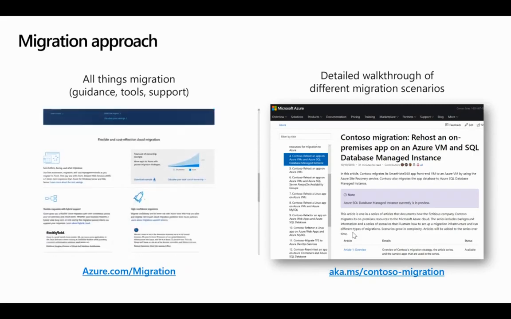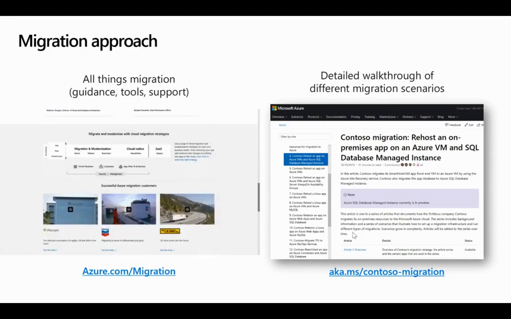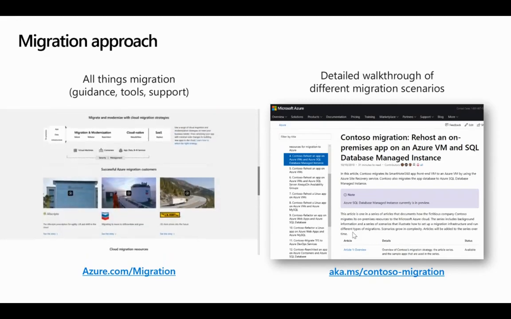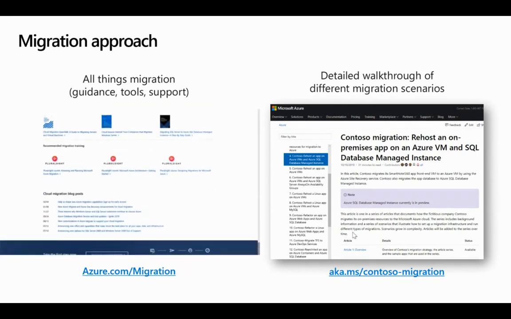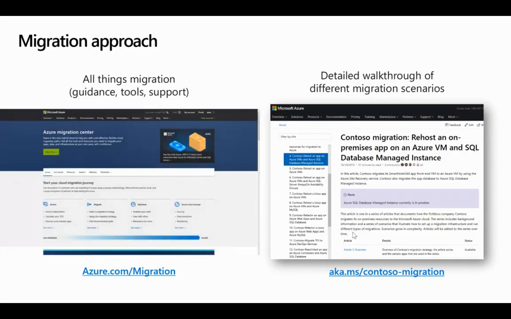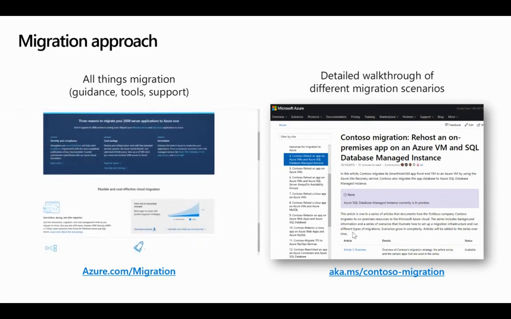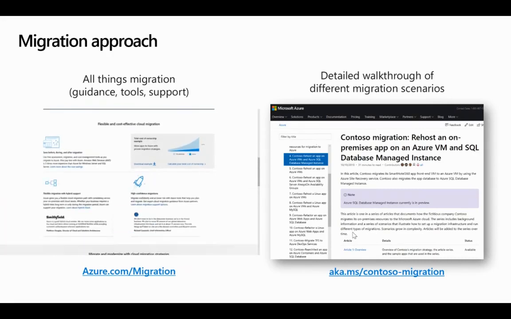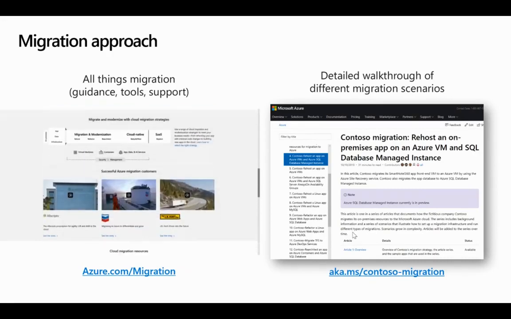Let me give you a quick example when I talk about migration and depending on the workload, because one size fits all is not what the cloud-based offering is about. You just can't have one policy for everybody, one solution for all workloads. For example, if I'm thinking about migrating my file server to the cloud, or decommissioning something in an on-prem environment, I can either think about blob storage, or I can think about the file share itself.